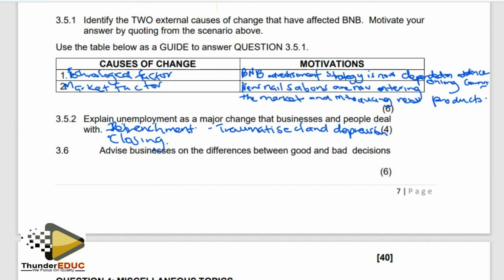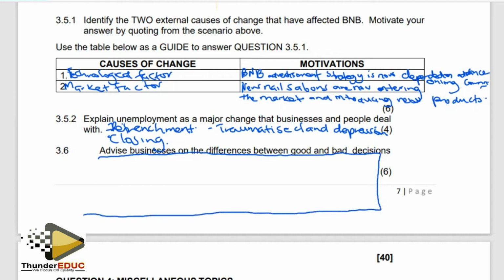Let's look at question 3.6. It talks about differences between good and bad decisions. Future managers, you are supposed to carry out good decisions. Before you make any decision, you are supposed to make a decision that is worth taking.